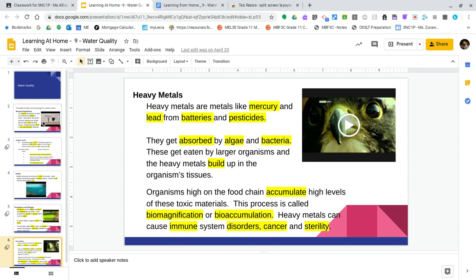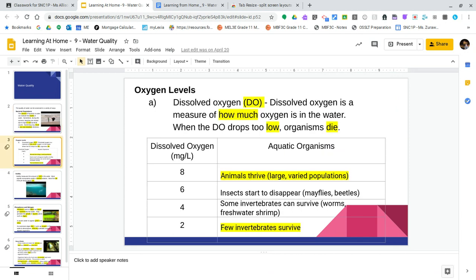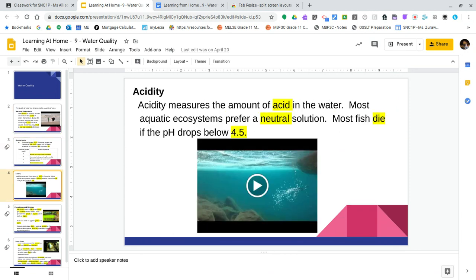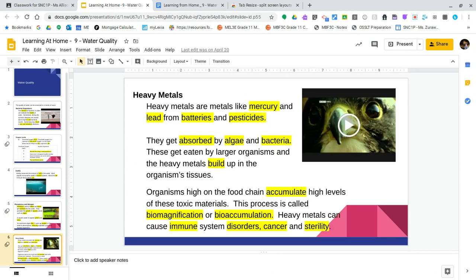So water quality in general, things that we would look at: bacterial populations, oxygen levels, the acidity of the water, the phosphorus and the nitrogen that's coming out of fertilizers, and things like heavy metals. So your note for this one, let's do our split screen.